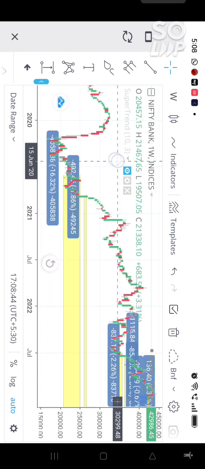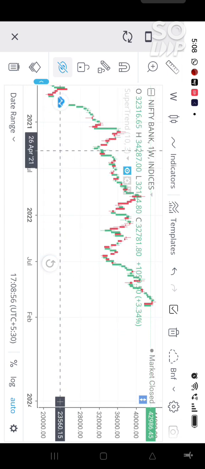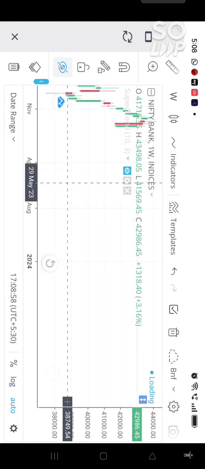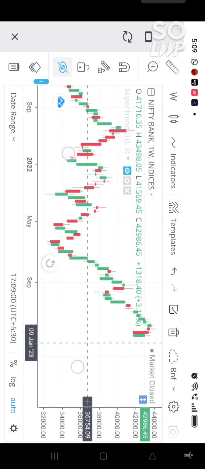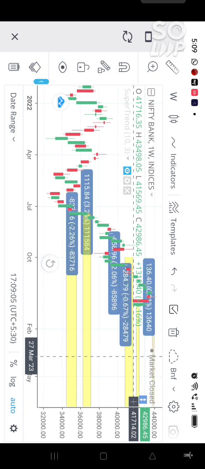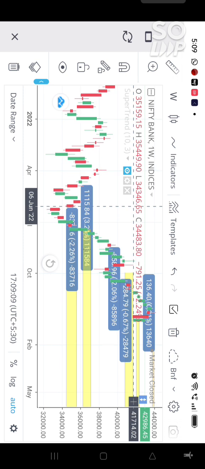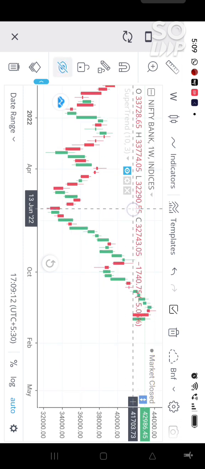Let's remove the RSI. I'll remove everything. So first and foremost, this was a demand zone which I had marked before price had shot up.